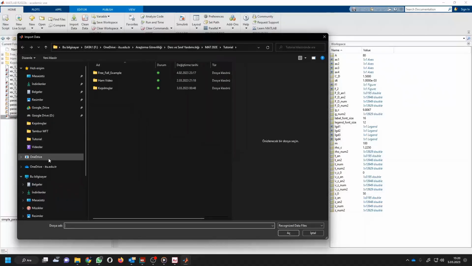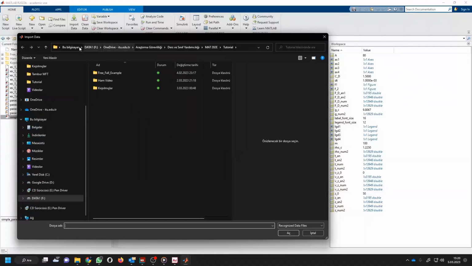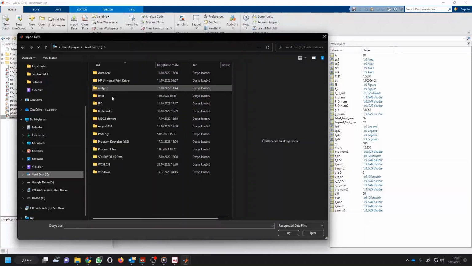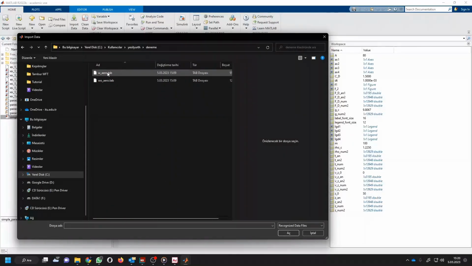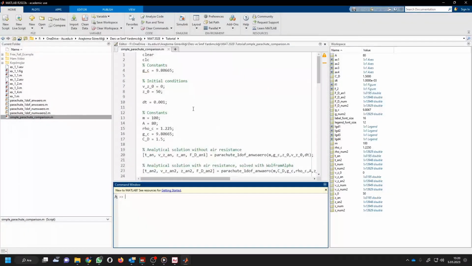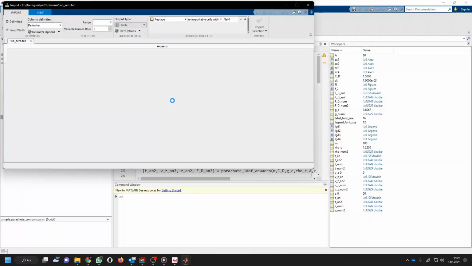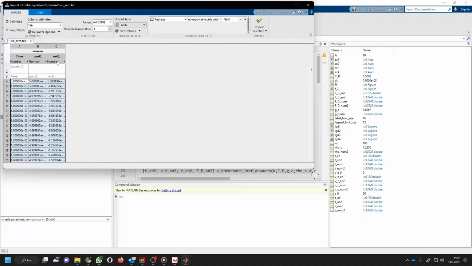The results were in users, here, without aero solution. I will use column vectors.